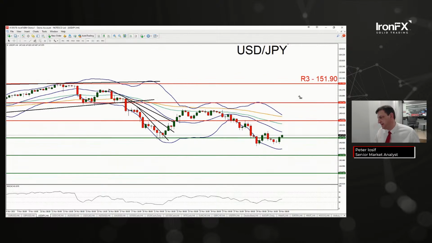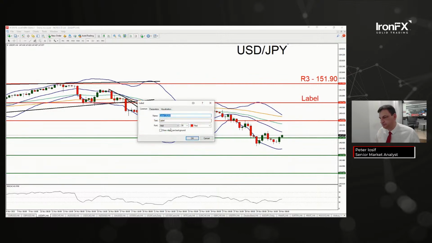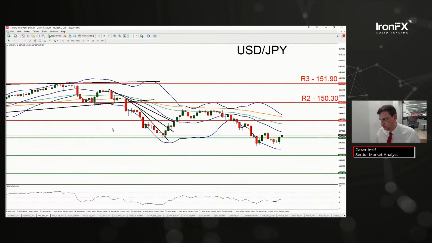The R2 being placed at 150.30. The R1 at 149.80.